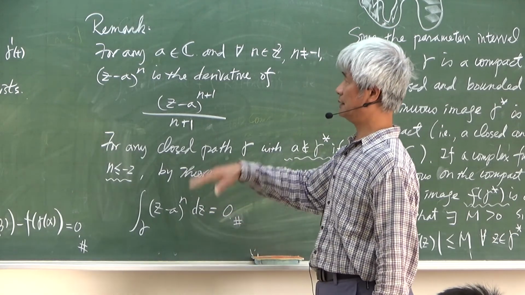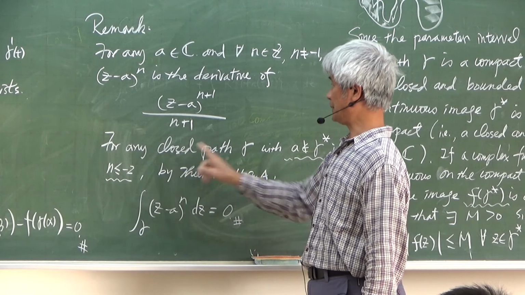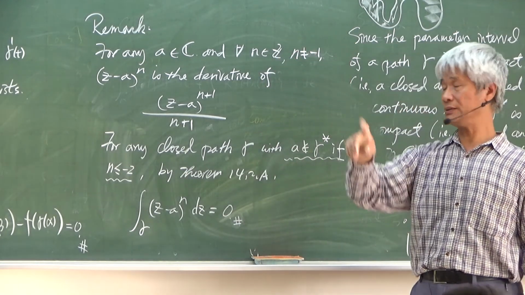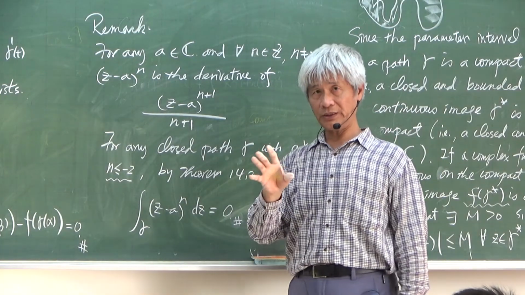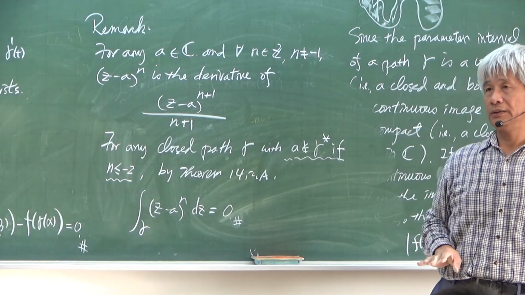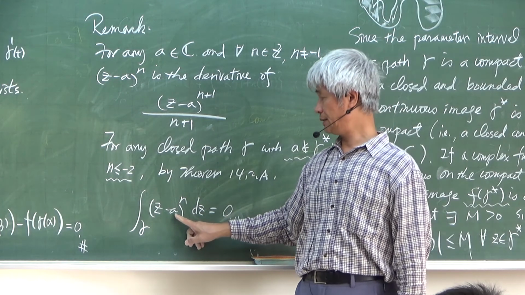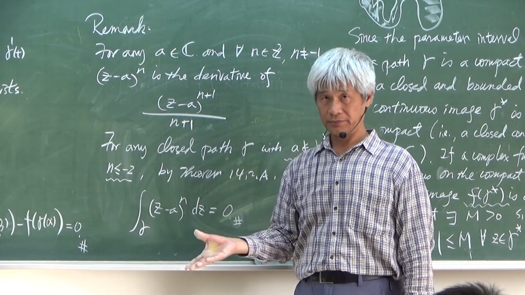So we extend our previous result to include gamma being any closed path. Because in the last section, we proved such an identity for gamma being a positively oriented circle with center a and radius rho.